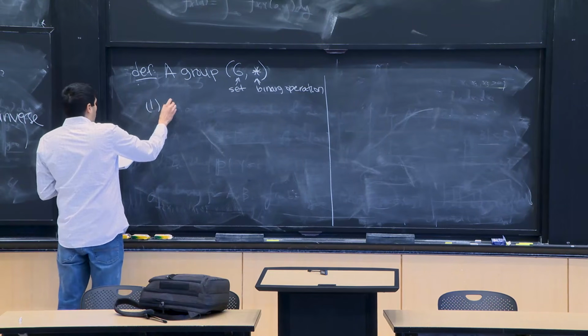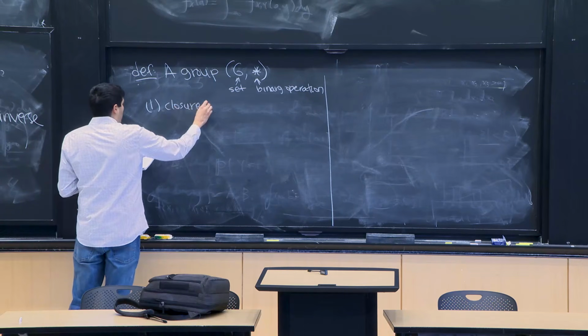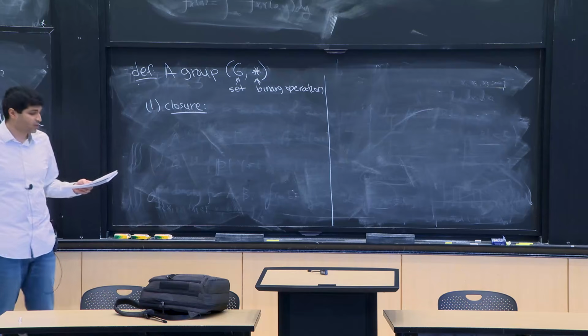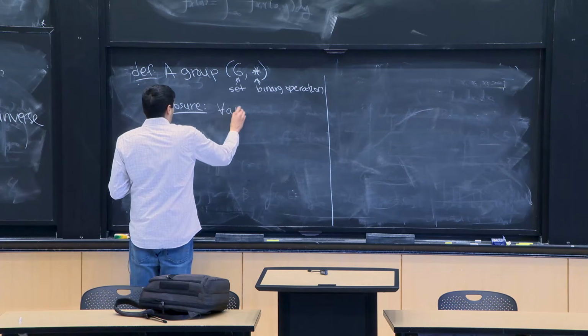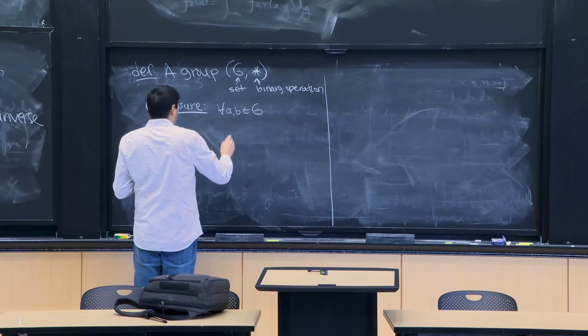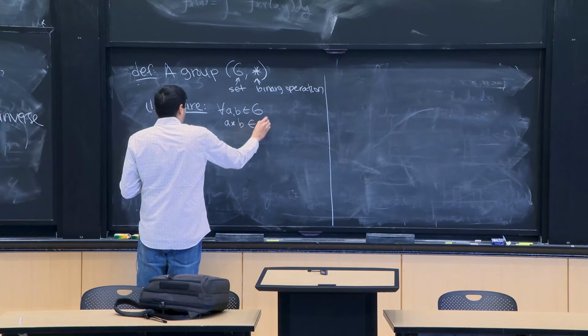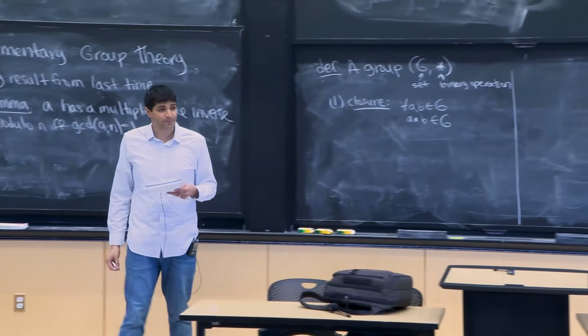The first thing we need is closure, that we can apply this binary operation to pairs of elements and get back another element in the group. This is really just the statement that for any pair of elements A, B that belong to the group, the operation A star B is well defined because it sends us back to some group element.